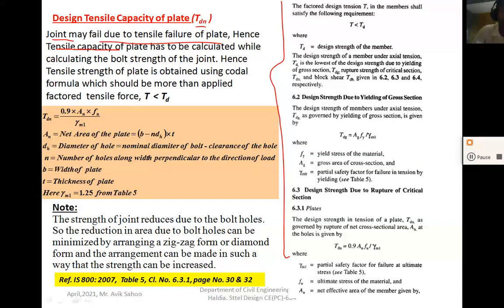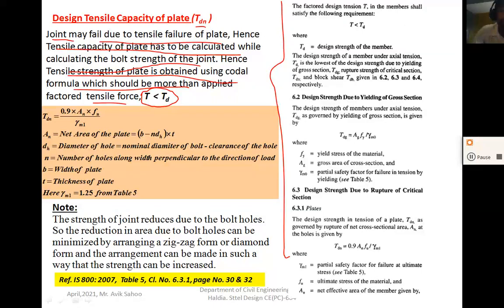Hence, the tensile capacity of the plate has to be calculated while calculating the bolt strength of the joint. Hence, the tensile strength of the plate is obtained using codal formulae, which should be more than the applied factored tension. So this is very important, that is the design check that you always have to verify.